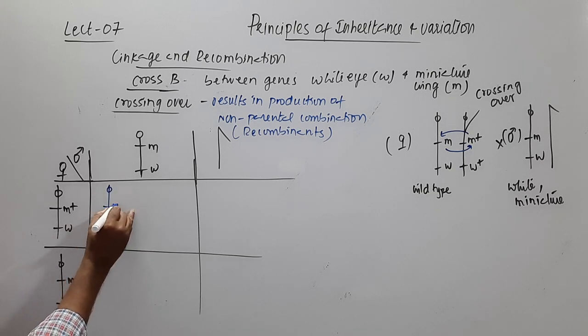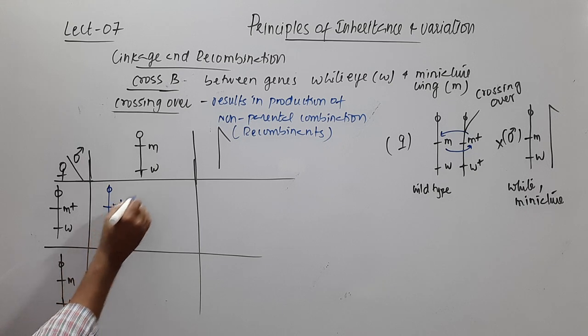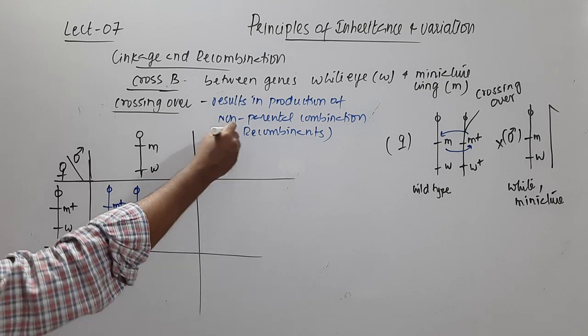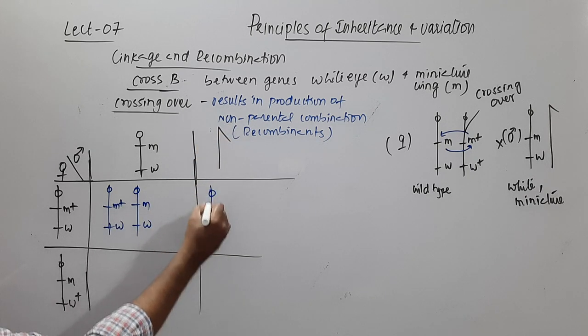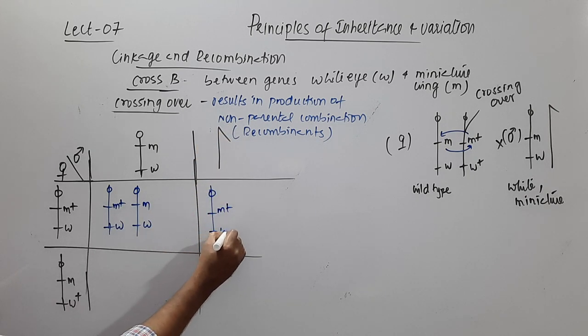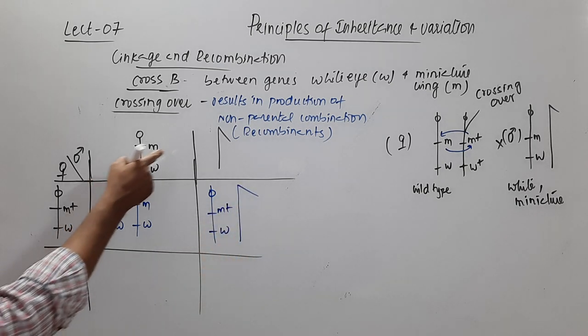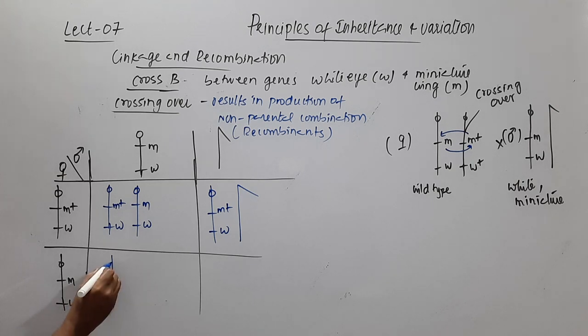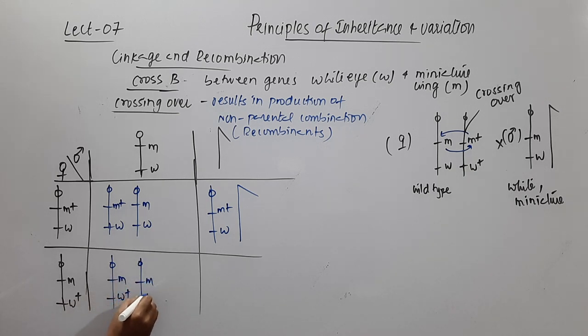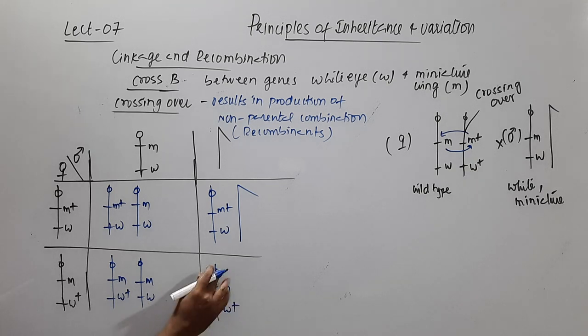So this one M plus W, and this is M W, and here M plus W. Now this one and this one, M W plus, and here M W, and this is M W plus.